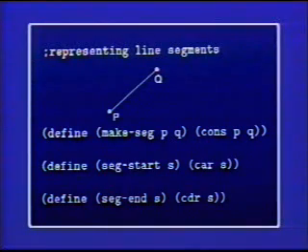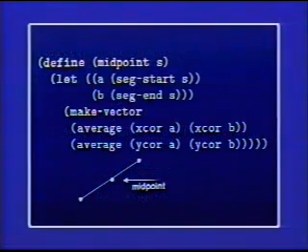Well, now having done that, we can have some operations on them. Like we could ask, what's the midpoint of a line segment? Here's the midpoint of a line segment. That's going to be the point whose coordinates are the averages of the coordinates of the endpoints.